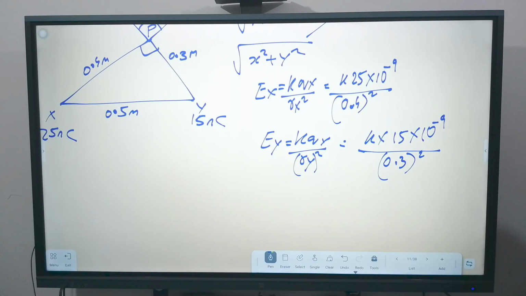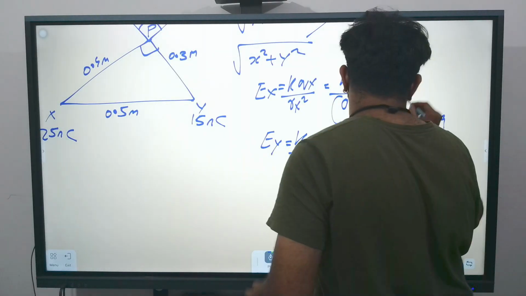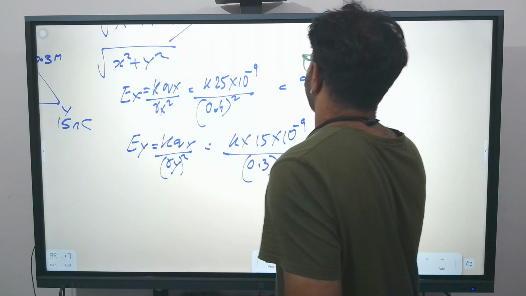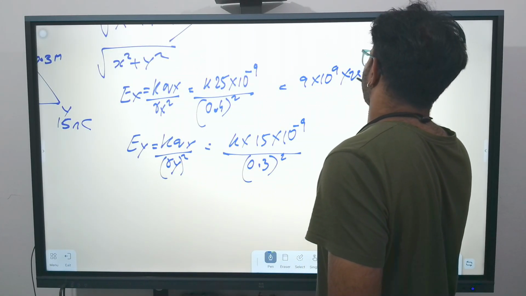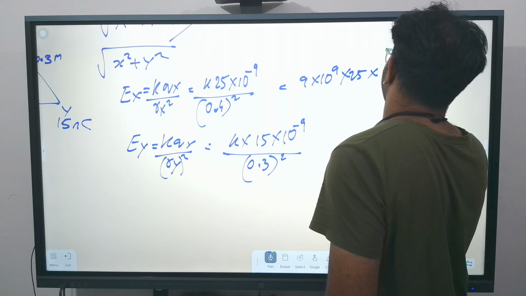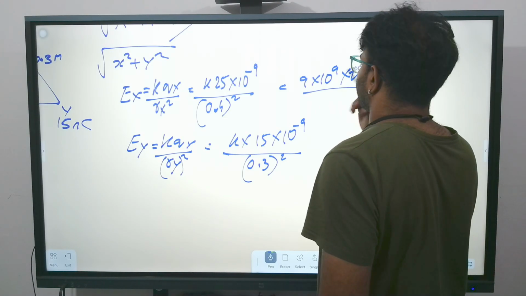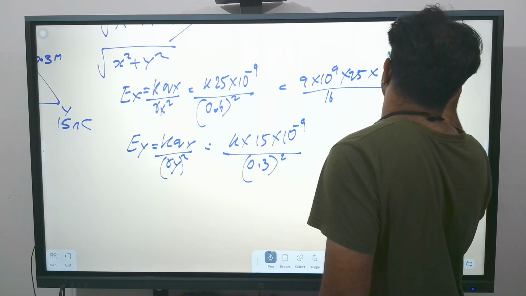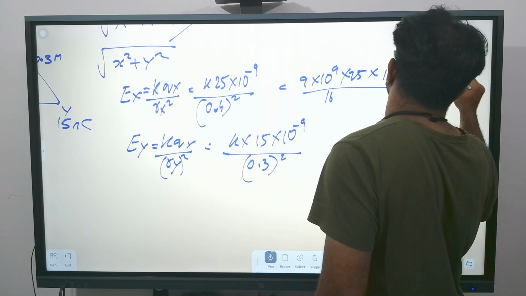Now, you find the values, you put the value of k as 9 into 10 raised to power 9. So, what do you get? 9 into 10 to the power of 9 into 25 into 10 to the power of minus 9 upon 16 into 100 into 100.